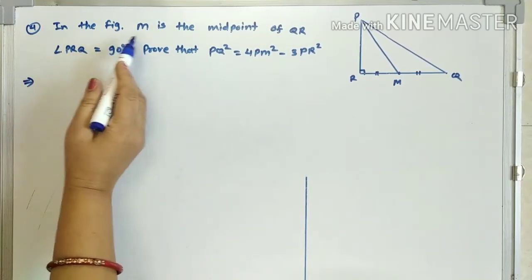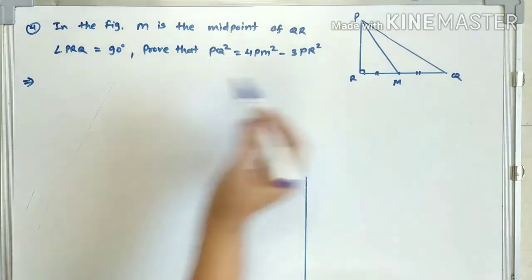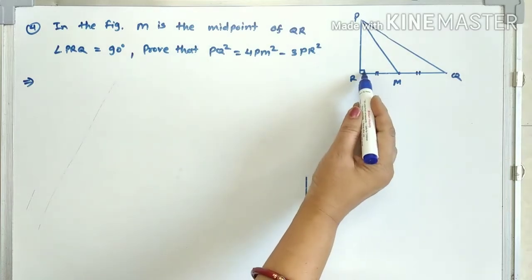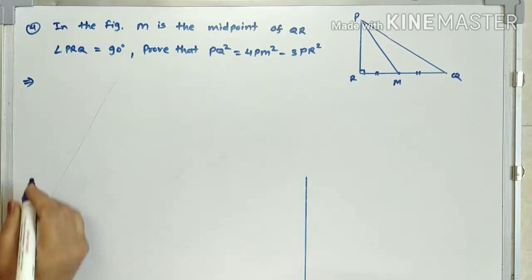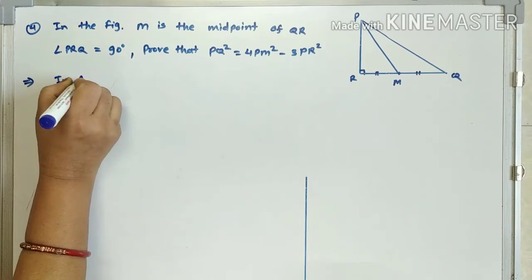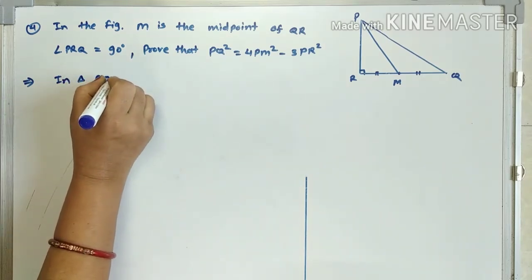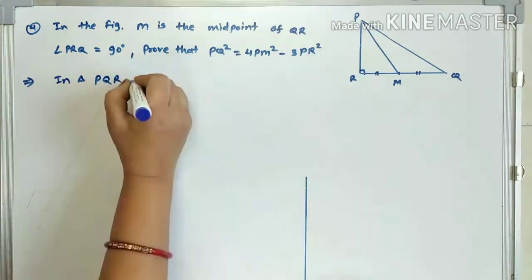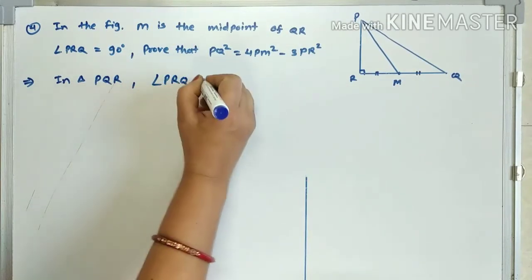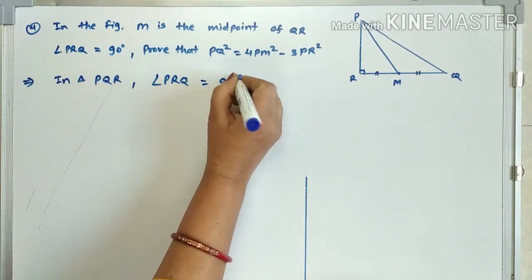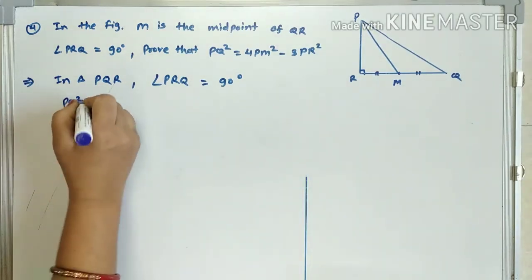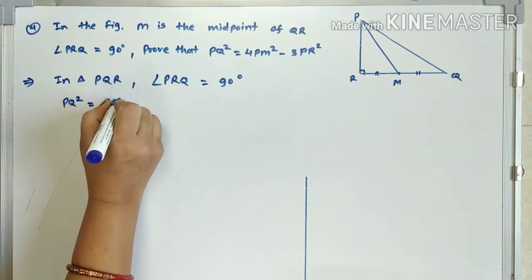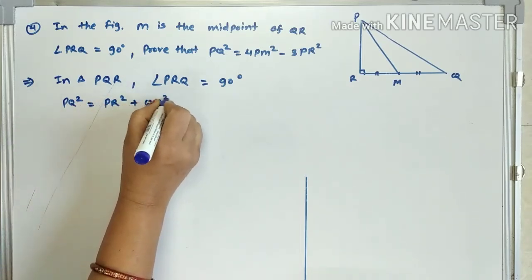Next problem: in the figure, M is the midpoint of QR, and angle PRQ equals 90 degrees. Then prove that PQ square equals 4 into PM square minus 3 into PR square. In triangle PQR, angle PRQ equals 90 degrees. So by the Pythagoras theorem, PQ square equals PR square plus QR square.